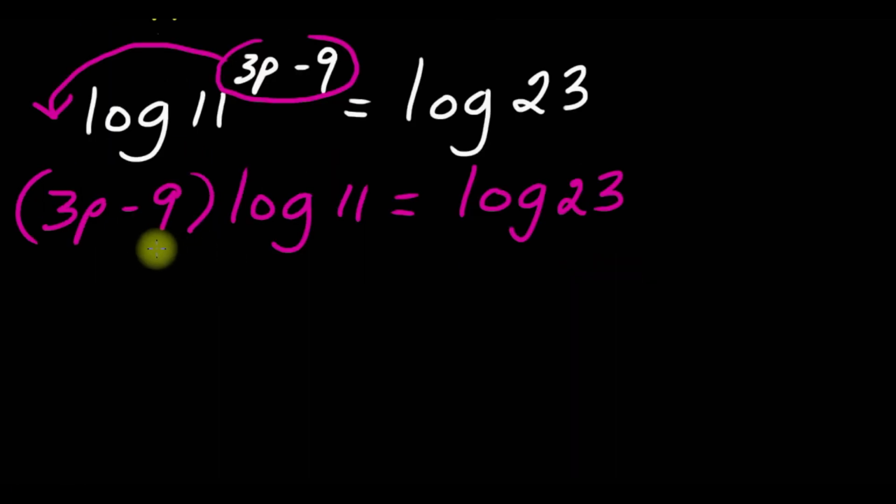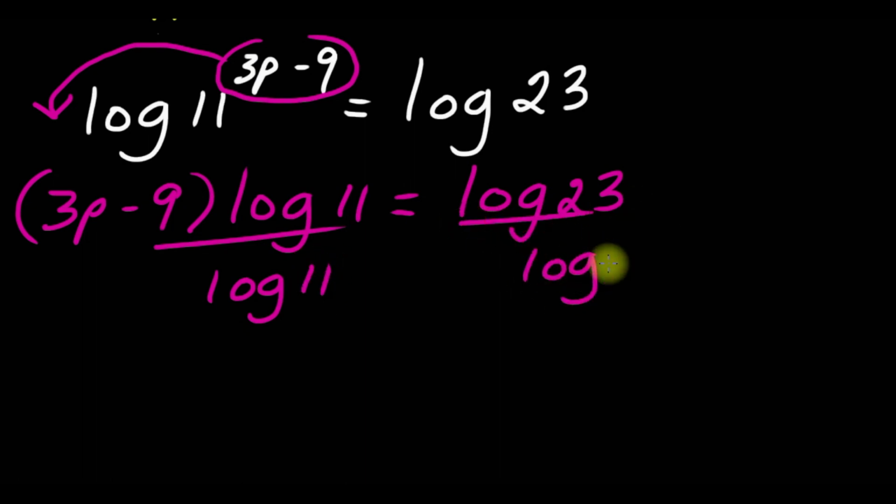Here, divide by log 11 on both sides. So I have 3p minus 9 is, these are gone, it turns into a 1. So in here I have log 23 divided by log 11. Punch it into the calculator.